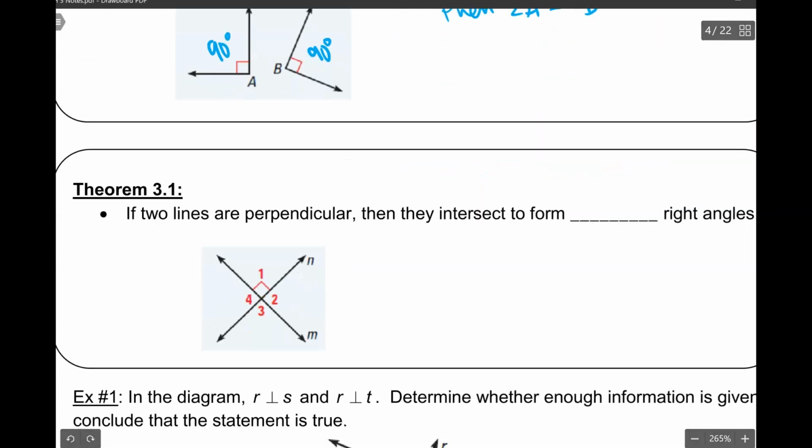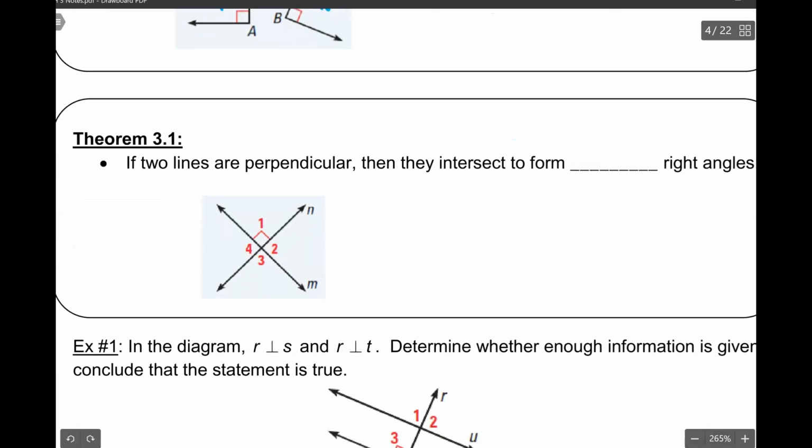All right, theorem 3.1 continued. If two lines are perpendicular, then they intersect to form 4 right angles. So if two lines intersect and they're perpendicular, that means they meet at a 90-degree angle. That means all 4 of these angles must be 90 degrees.